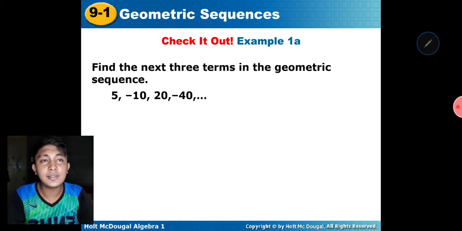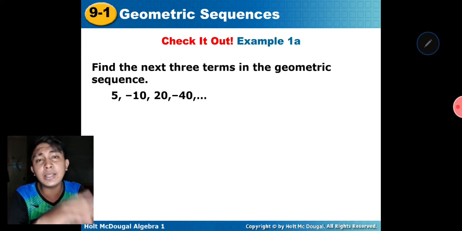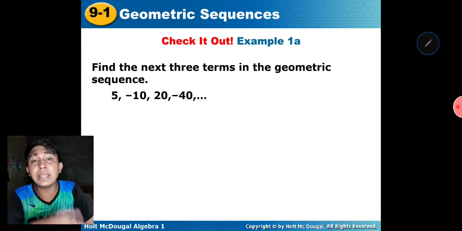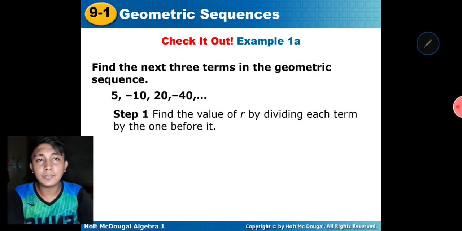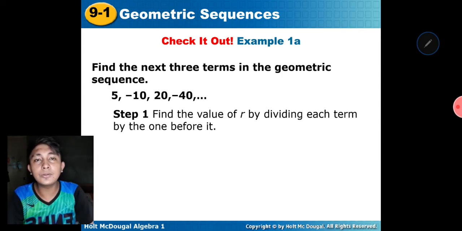Again, this is just like the example a while back. So the terms are having alternate signs. So positive 5, negative 10, positive 20, negative 40. So we are then sure that r is negative. So to find r, divide the second term by the first term.